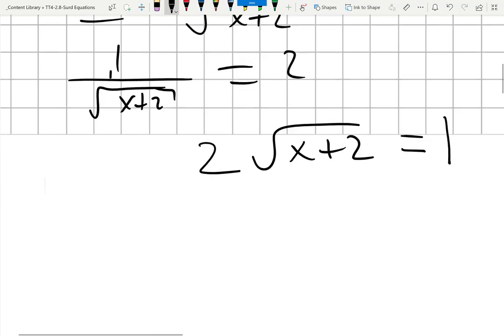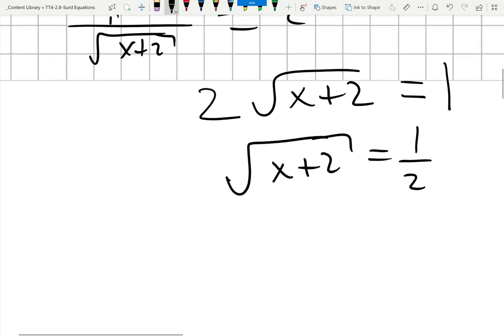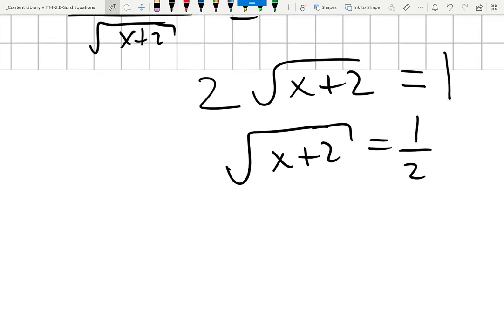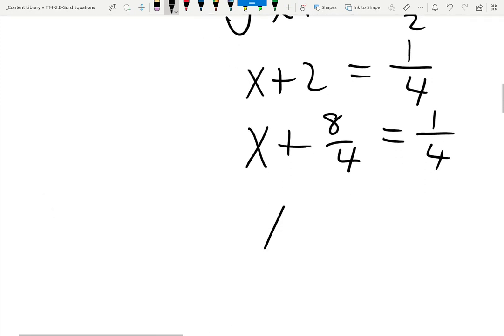Or root x plus 2 equals a half, because we want the radicand on its own. Square both sides. Write the 8 over 4 in quarters just for convenience. And you get x equals minus 7 over 4.